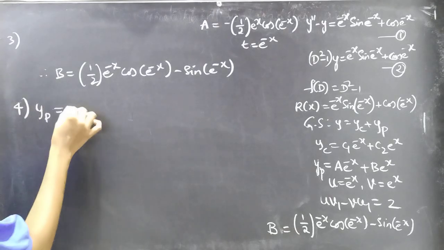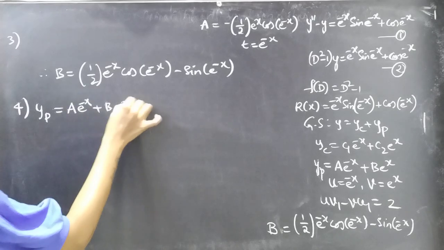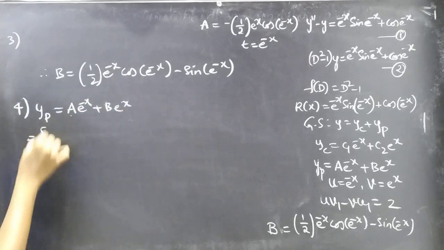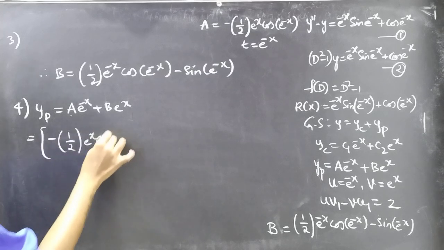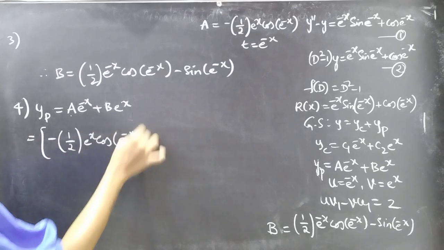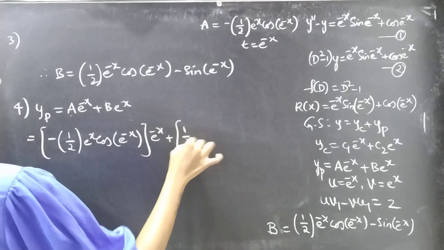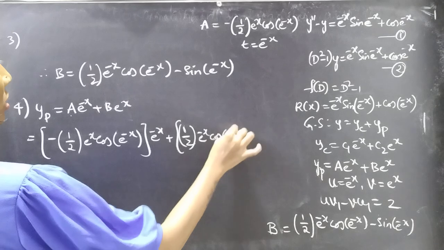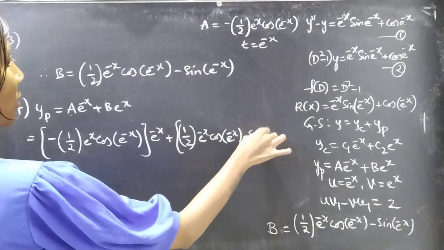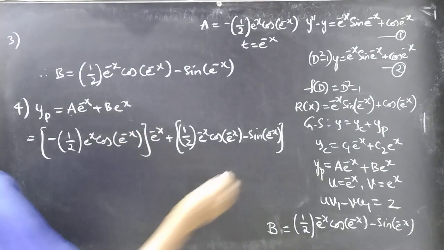Yp is given by a e power minus x plus b e power x, right? Substitute a and b here. A is minus 1 by 2 e power x cos e power minus x, into e power minus x, plus b, 1 by 2 e power minus x cos e power minus x minus sin e power minus x, into e power x.